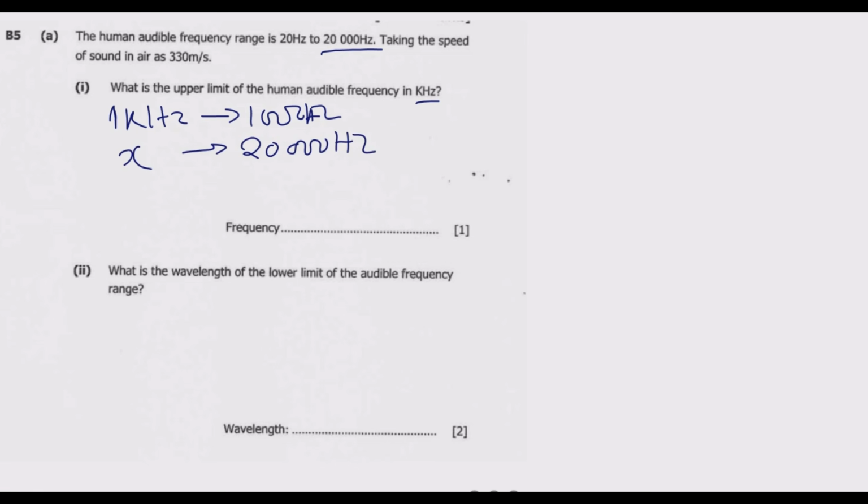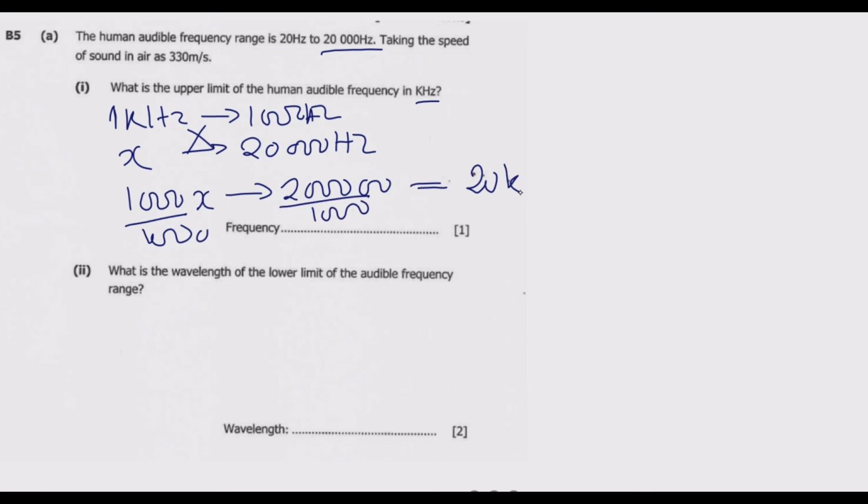So we need to convert that. This tells us 1,000 X is equal to 20,000. Then we divide by 1,000, and we end up with 20 kHz as our answer. So it's just 20 kHz. That's how we get that 1 mark.